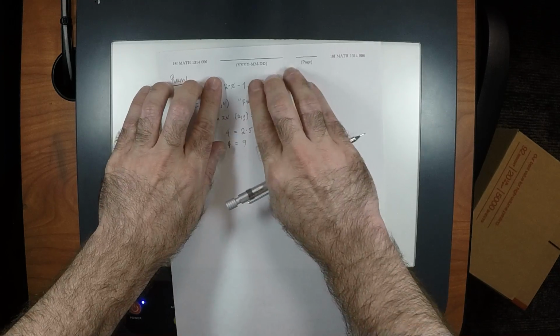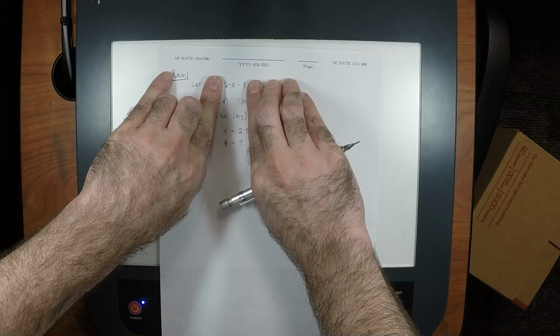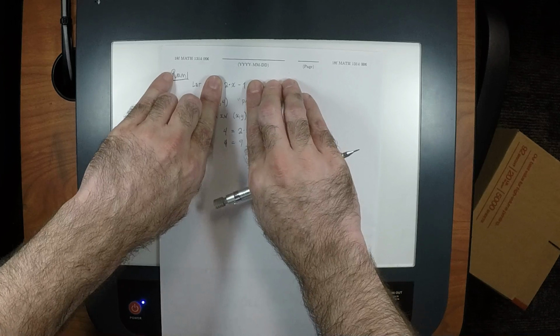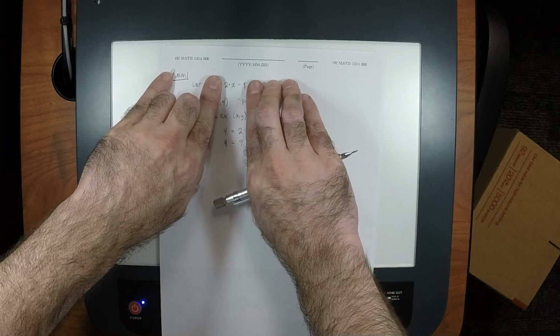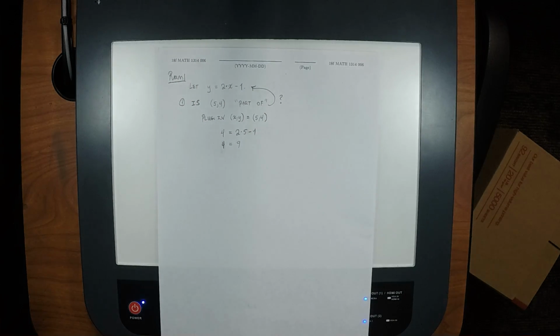And concerning this 2x minus 1, you can evaluate it at, say, x is 5, and that means replace the x with a 5 and do all that arithmetic, and you get a 9. So now be careful, I'm saying two words that both start with e and end with n.